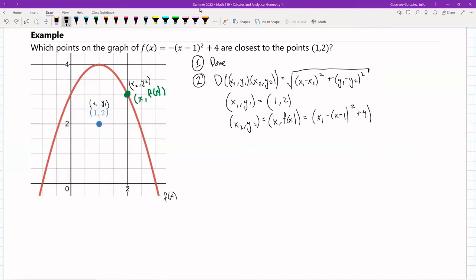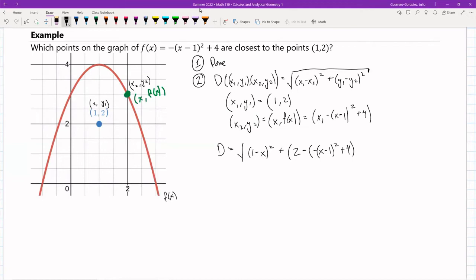I'm just going to go ahead and write it out. So my d is going to be the square root, nice and big, of 1 minus x squared, plus y1 minus y2, so that's going to be 2 minus, in parentheses, x minus 1 squared plus 4.